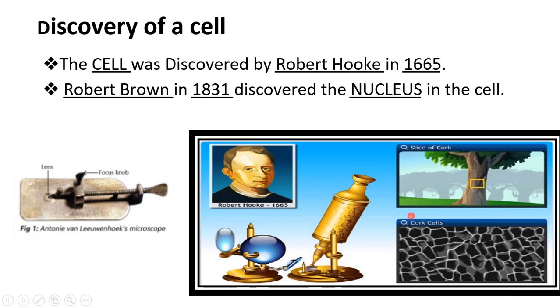Now he discovered the cell. Suppose I discover a new pen. You will be very eager to find out what is there inside that pen, right? What is so special in the pen which I discovered? You will be eager to find out that.